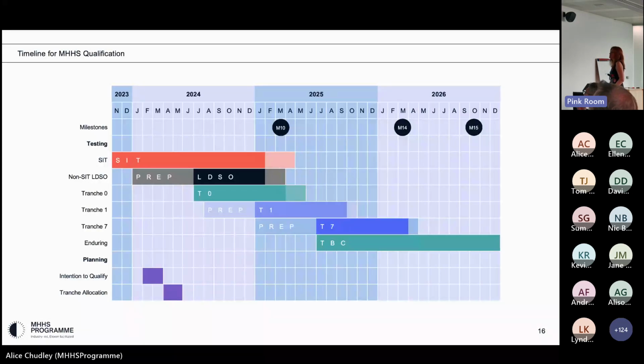Apart from the distribution network operators, we've also got tranche 0, which is the governance tranche for all SIT participants to complete their qualification requirements and get those signed off for approval. And then we have the various qualification testing tranches. So we've got 7 tranches.